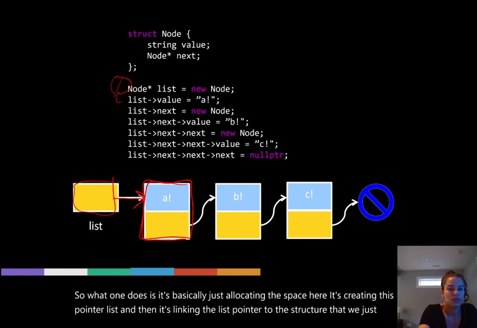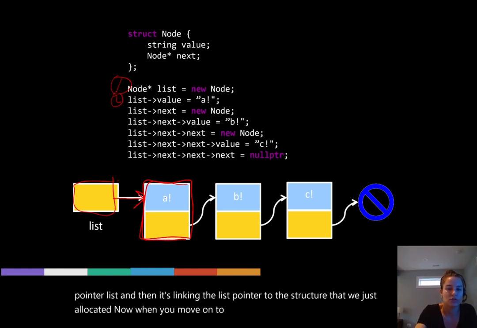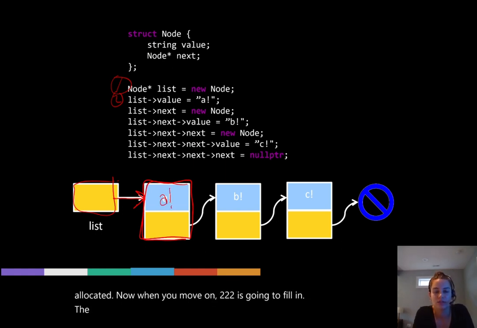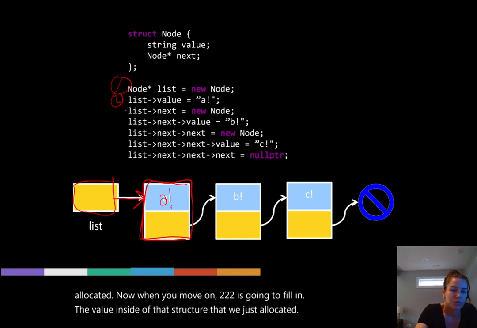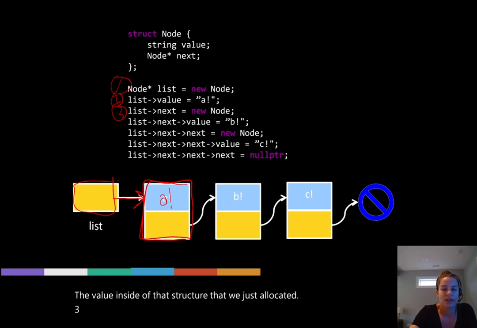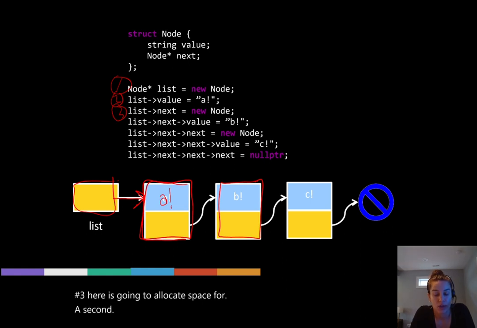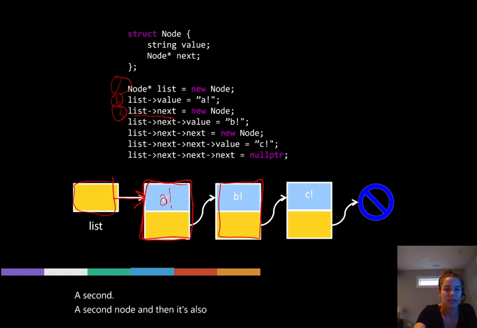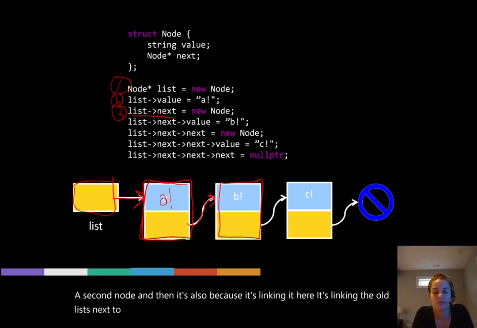Now when you move on, 2 is going to fill in the value inside of that struct that we just allocated. Number 3 here is going to allocate space for a second node, and because it's linking it here, it's linking the old list's next to the node that we just created.